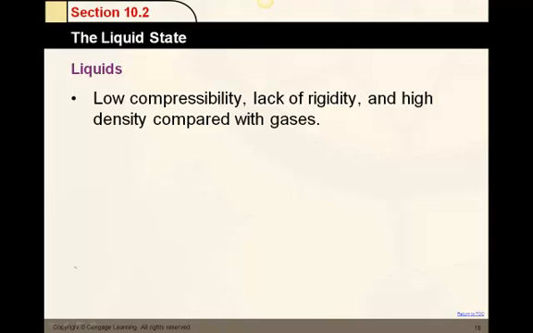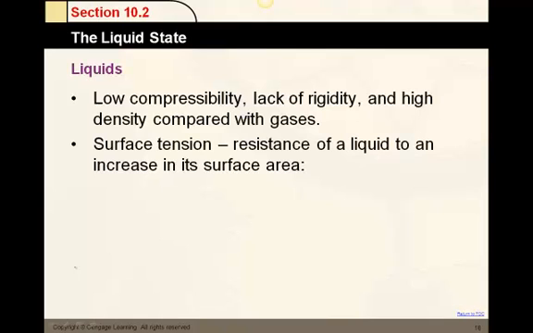Liquids. Remember, liquids are substances that have low compressibility, they're not rigid, and they're highly dense compared with gases. They do have surface tension. That means they kind of form a skin over the top. It's kind of an added strength.